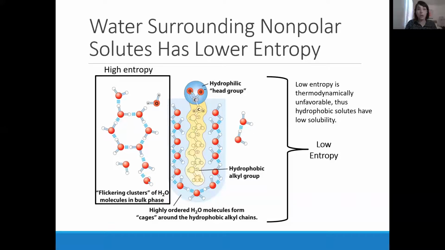This causes low entropy. Again, this is actually more ordered than usual. Water has to cluster in this way around this individual molecule, and that is very unfavorable. Thermodynamically, if we think about it, entropy likes to be high. It likes to be disordered. Your room likes to get messy. It doesn't like to get cleaned.